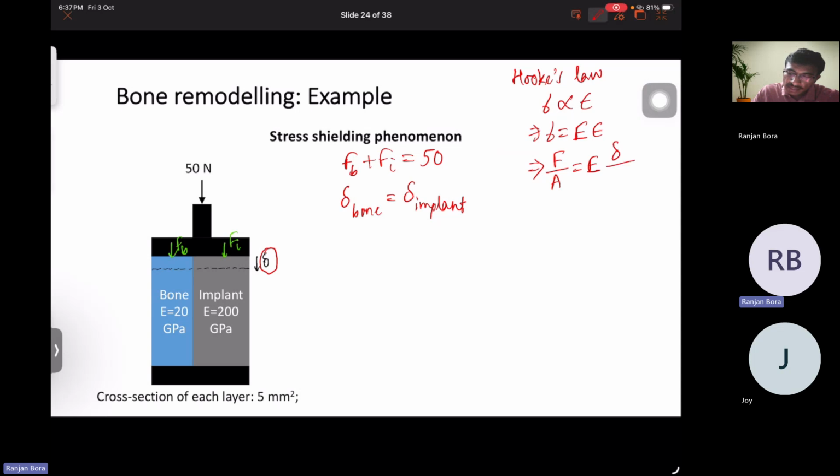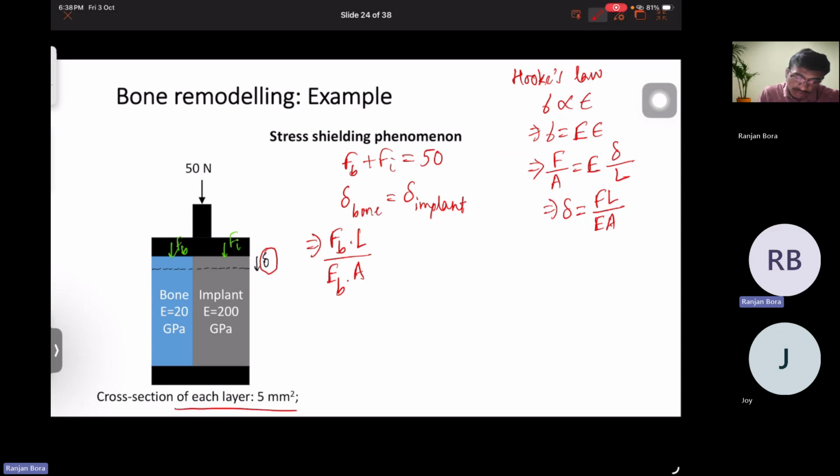Strain is delta divided by actual length. So from here we can write delta equal to FL by EA. Okay, now we can put delta here. Delta of bone is FB times L divided by EB times A.